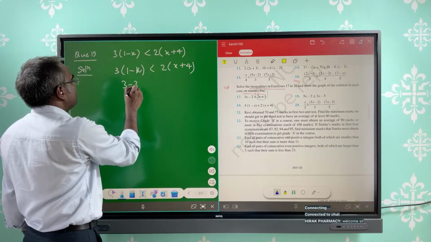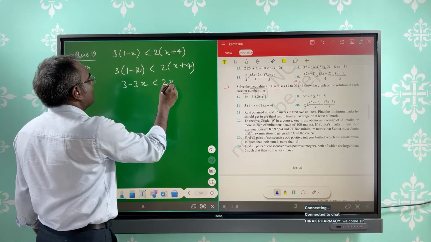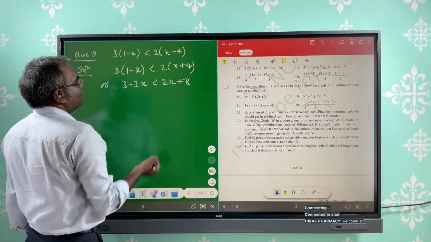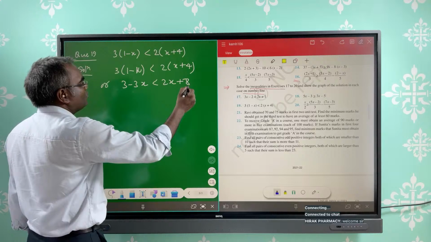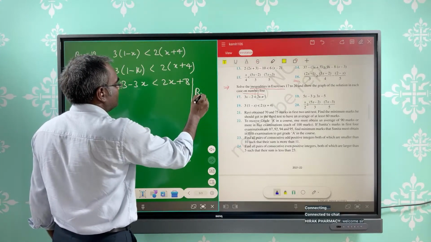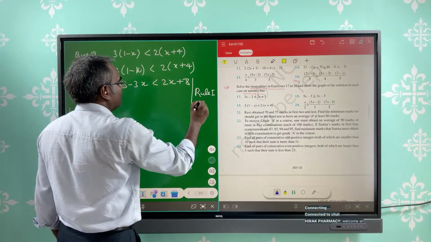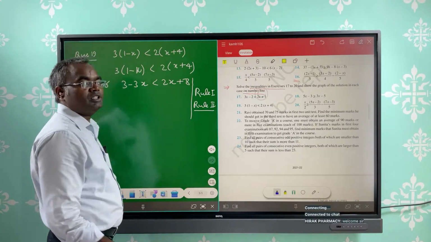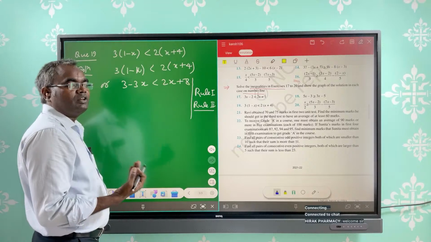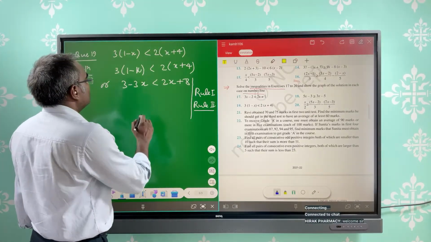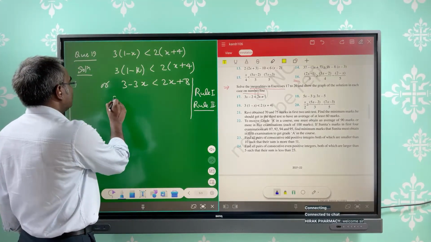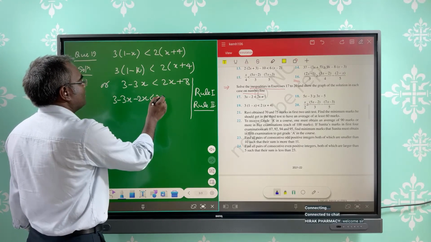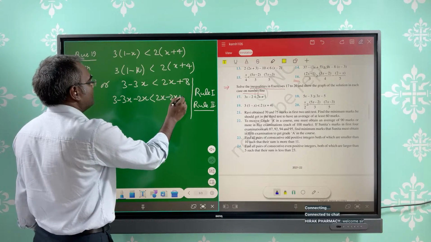So 3 minus 3x less than 2x plus 8. Now simplifying this by applying rules 1 and 2, which we have already discussed previously. These rules 1 and 2 will always be useful for solving inequality problems. Subtracting 2x from both sides, we get 3 minus 3x minus 2x less than 2x minus 2x plus 8.